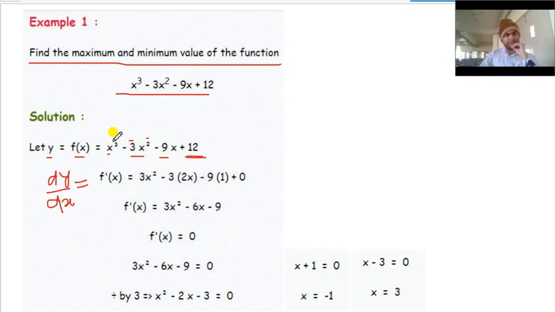Firstly, we differentiate x to the power 3, and the differentiation of x to the power 3 is 3x square. Then we put the minus. Now we differentiate 3x square: the 2 power is multiplied with the 3, and this becomes 6, and the x power is subtracted by 1, so 2 minus 1 is 1.